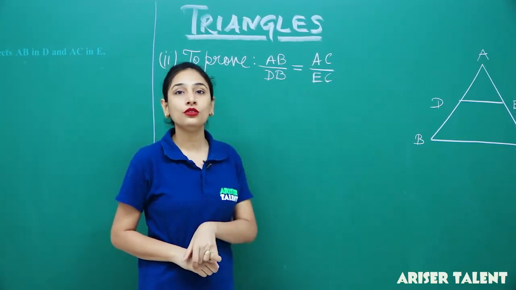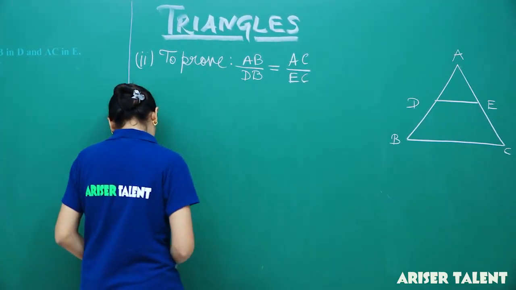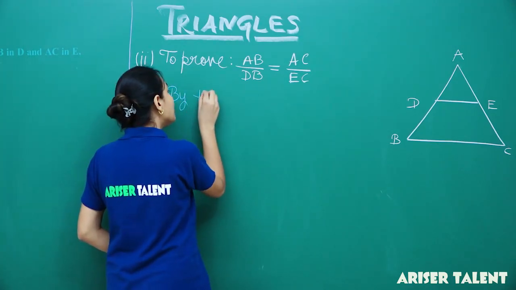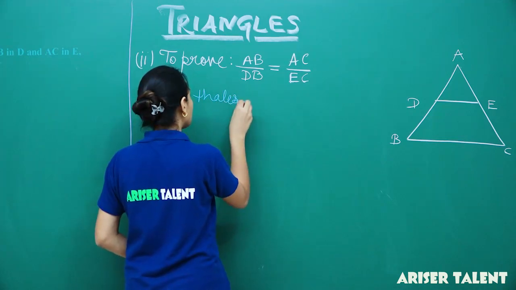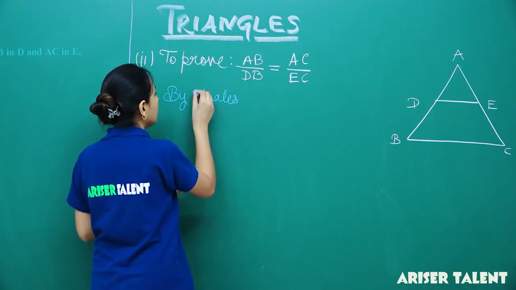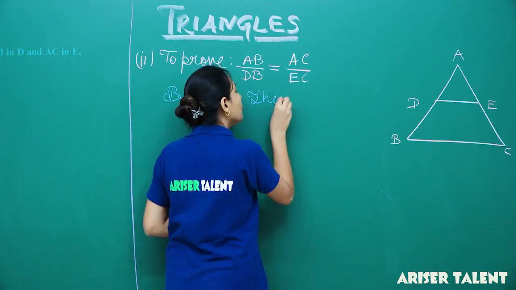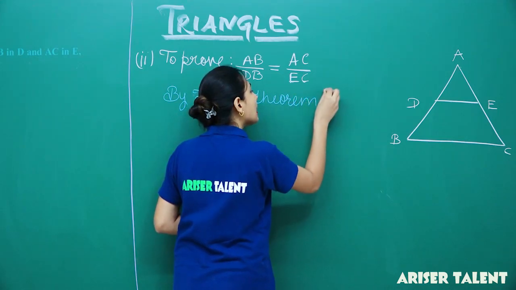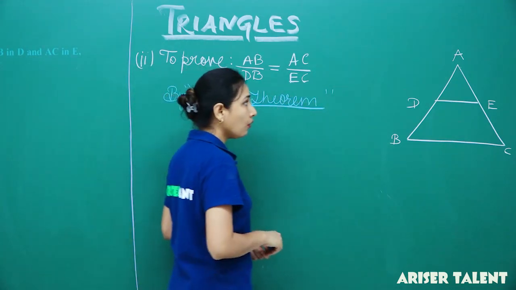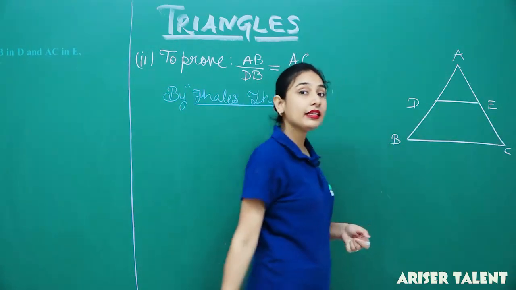Now, we have one superb theorem that we have proved. By Thales theorem, write Thales theorem with a capital T. By Thales theorem, these two proportions are equal.